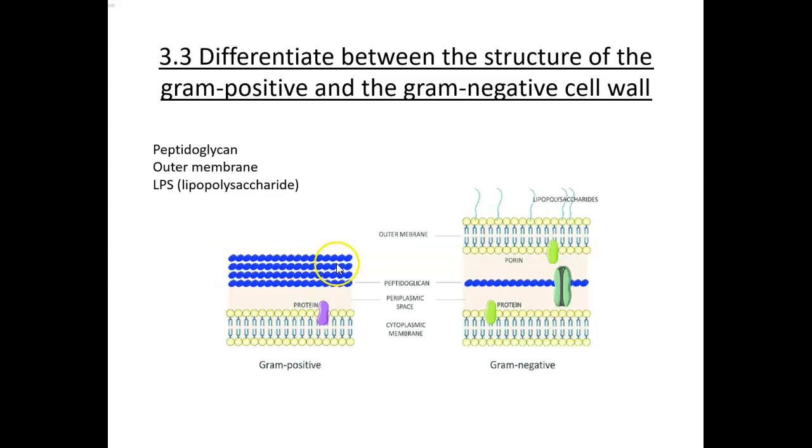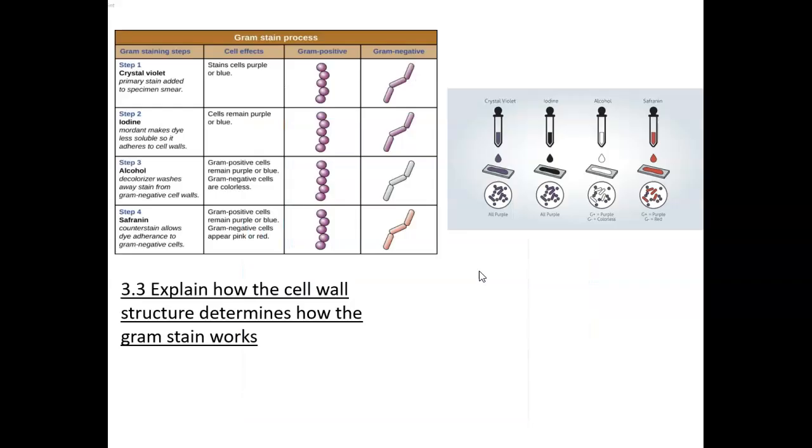This multi-layer thick peptidoglycan prevents them from getting out, even if you add alcohol. This thin little layer of peptidoglycan, the crystal violet and the iodine can get through that. So the alcohol will rinse it out.